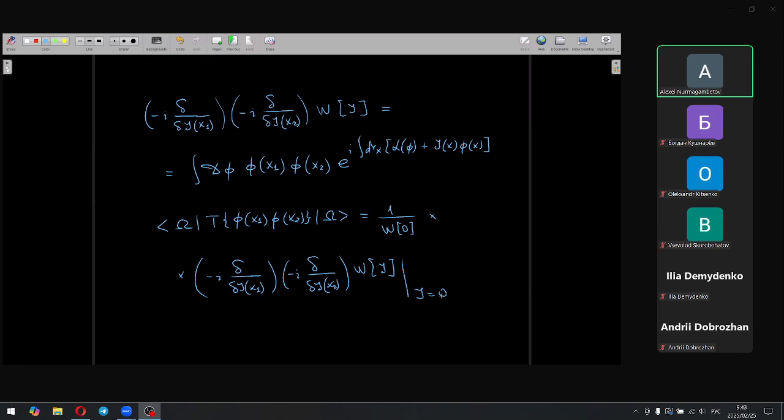It's clear that, for instance, the 4-point correlation function needs the action of 4 functional derivatives over sources at 4 different points and so on. But by itself, we can express our generating functional by means of a sort of functional Taylor expansion as follows.